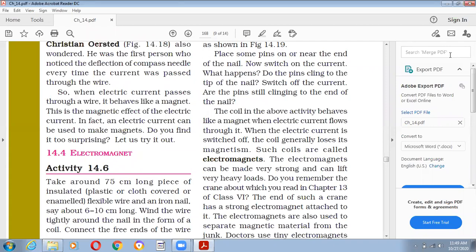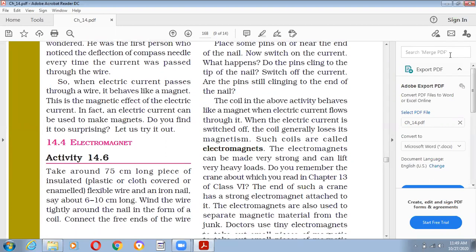And the strength of an electromagnet depends upon two factors. One is the number of coils, and second is increasing the current passing through it.